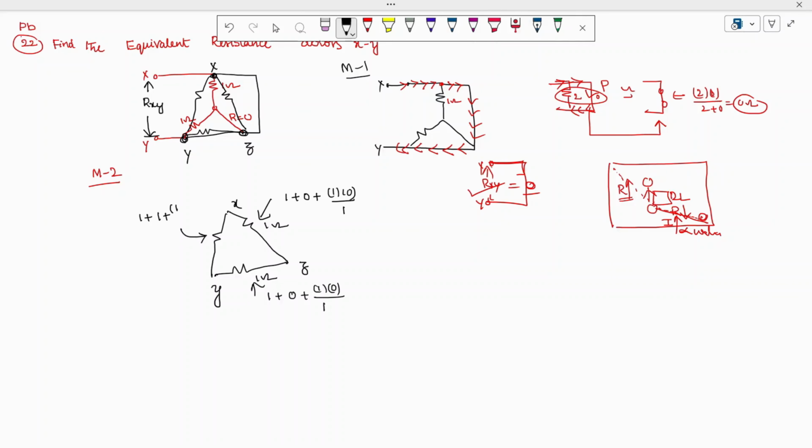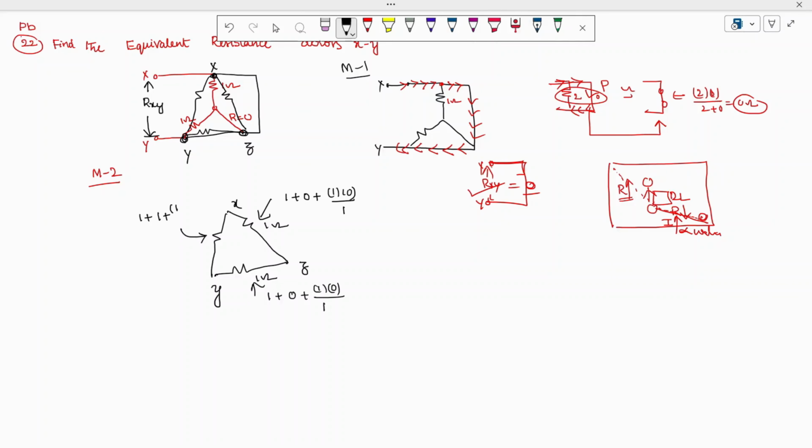So now we are connected across X as well as Y. This is the conversion of the given star to a delta, and already in the network we have a short circuit like this, and one more short circuit like this.